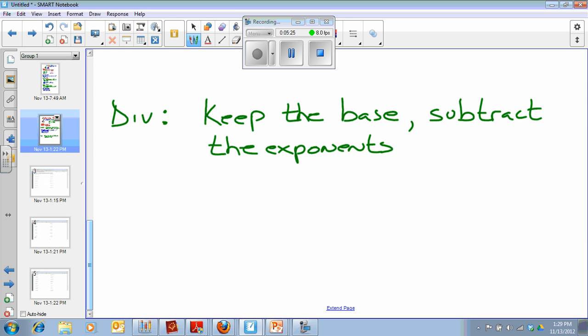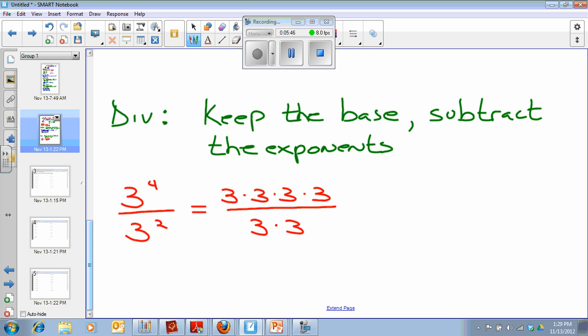And let's give an example of that. So let's just say that we have 3 to the 4th power, and we're dividing that by 3 squared. If I wrote this in expanded form, it would be on the top in the numerator 3 times 3 times 3 times 3. In the denominator, it would be 3 times 3 for 3 squared.